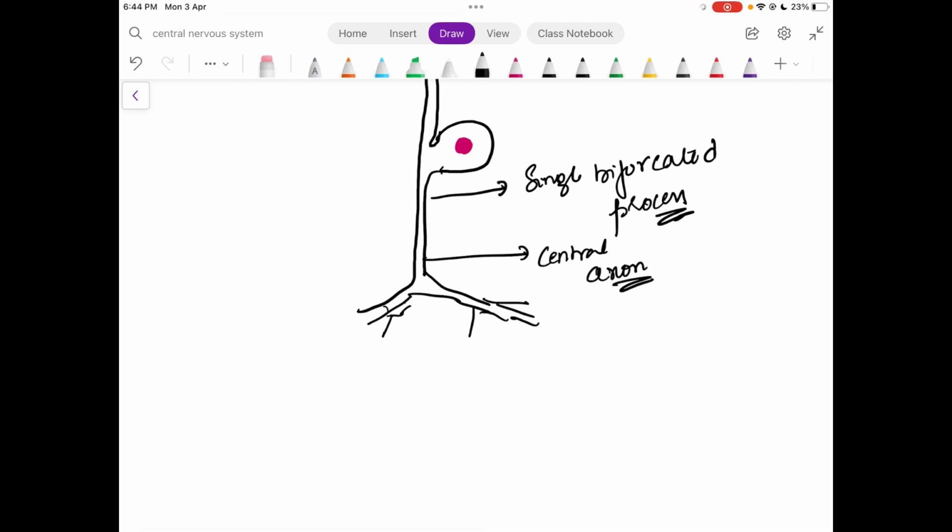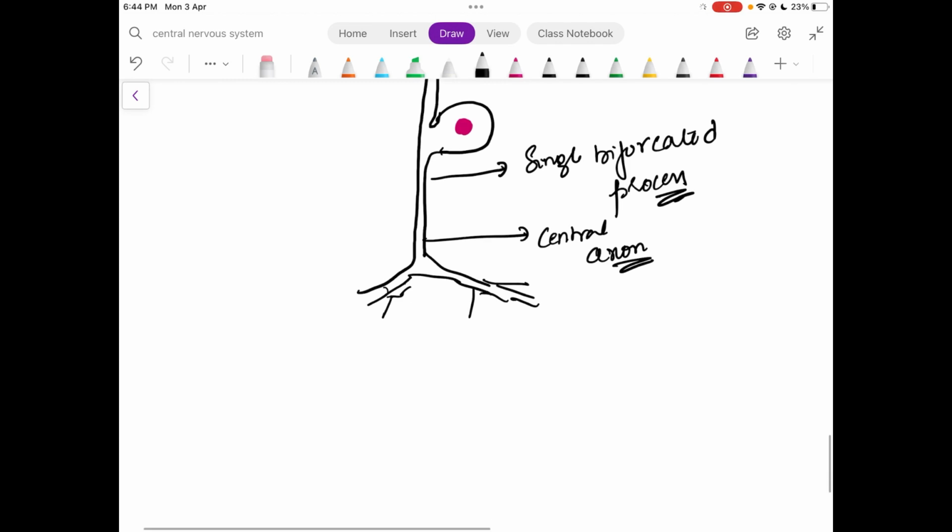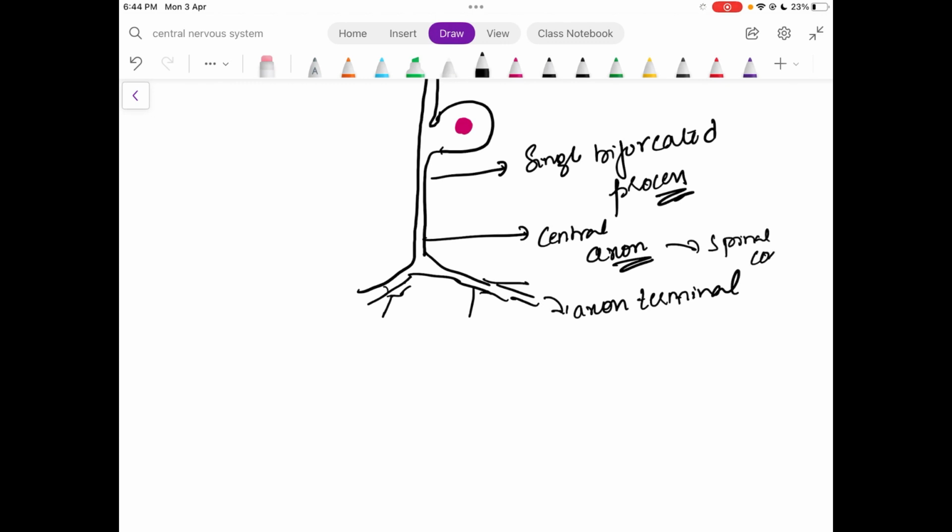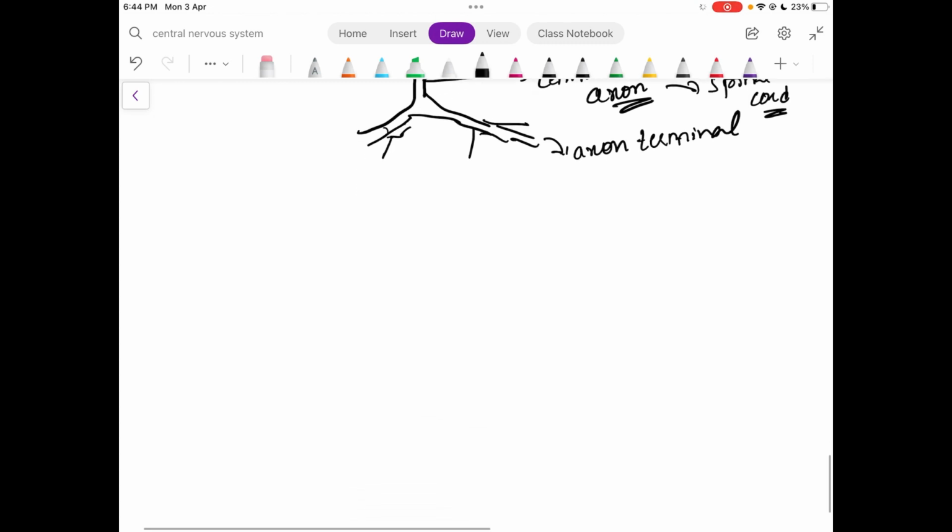One is a peripheral axon, one is a central axon, and this central axon will have axon terminals, and they go to the spinal cord. One part is going to the skin and muscle, another part is going to the spinal cord.